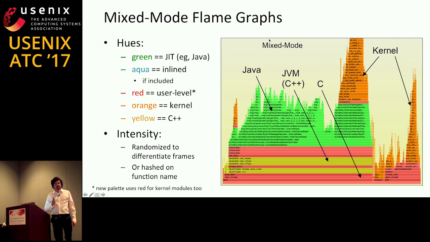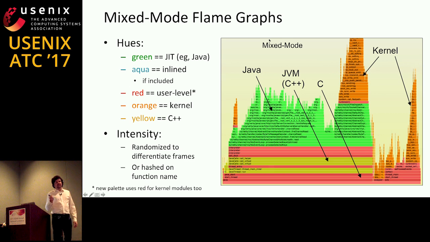The intensity is randomized for mixed mode flame graphs to differentiate frames. If all the frames are of the same color and there's two stacks close together, it can be hard to see that there's two towers close together. And so the initial flame graph, I really randomized the warm palette, and it really helped things stand out. People also said it looked pretty, and so they liked putting flame graphs in their slide decks, but it had a function as well.